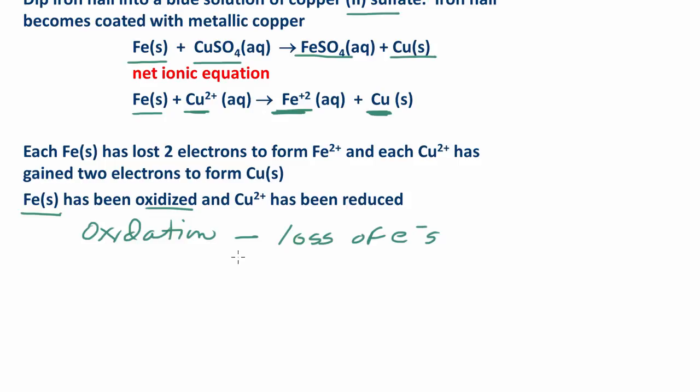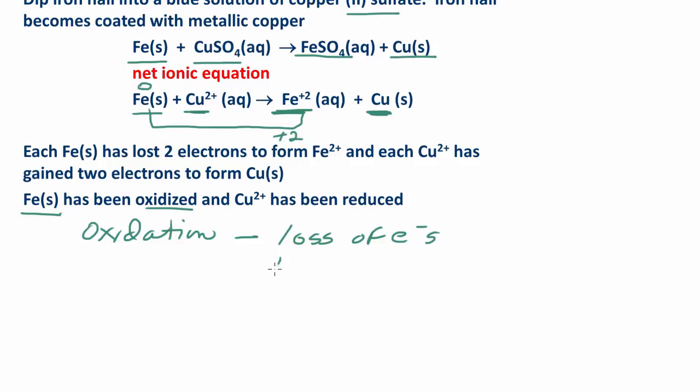We can also look at it like this. It turns out that the oxidation number of any element in its elemental state is 0. So here we would have a 0 for the solid iron, and so the iron goes from 0 to +2.